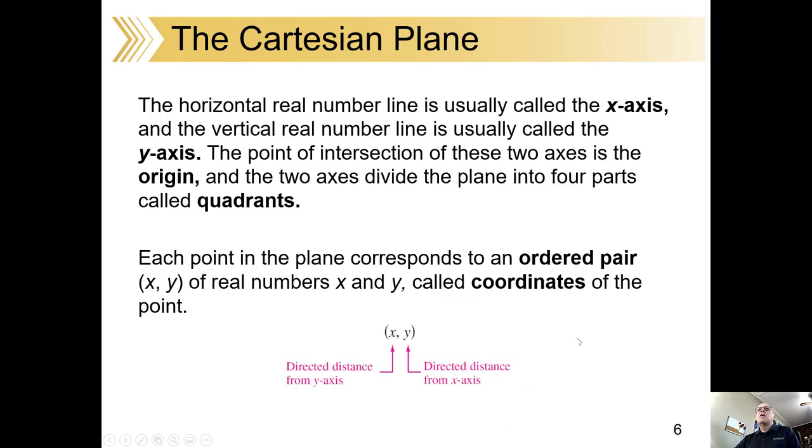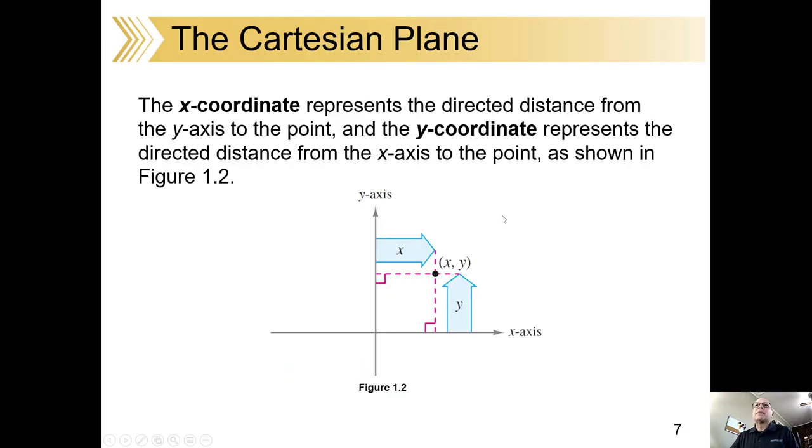Next, all of those points can be represented by ordered pairs. The x-axis is the horizontal one, the y-axis the vertical one, as you're familiar with. The point of intersection is called the origin, and it divides the plane into the four quadrants that I mentioned a moment ago.